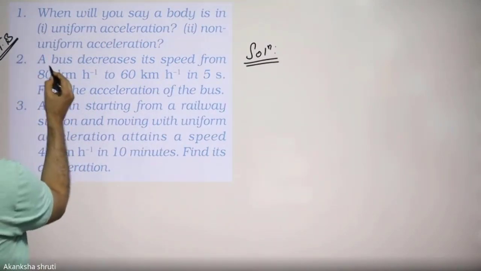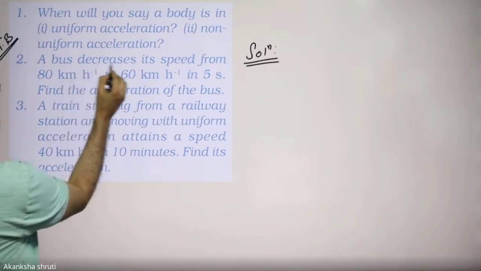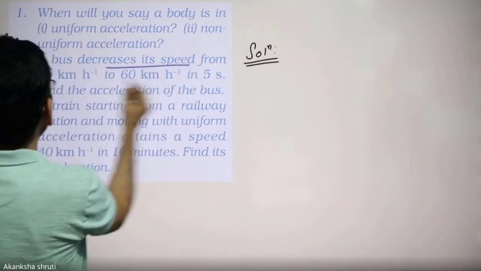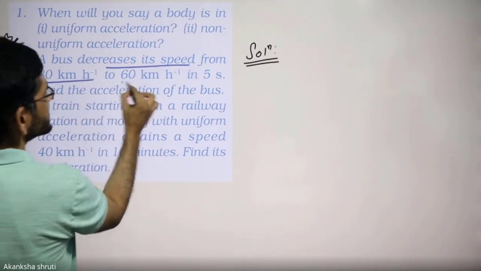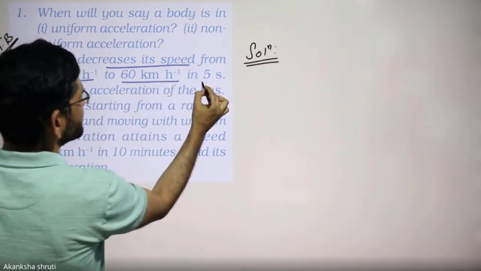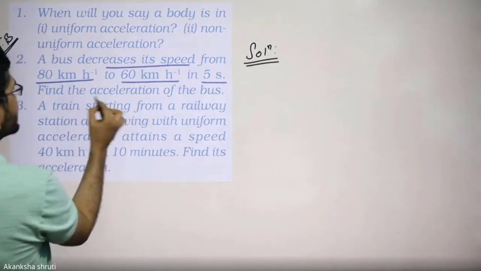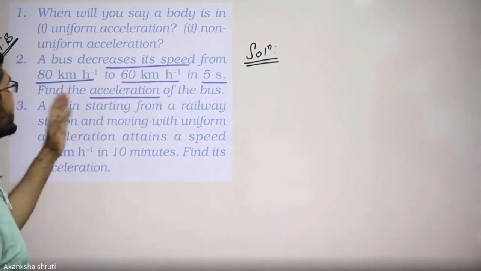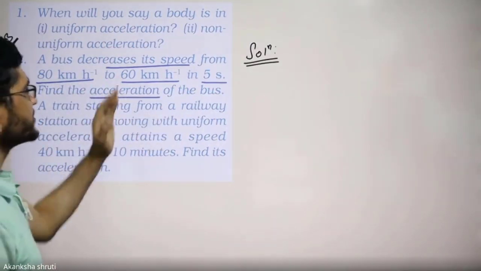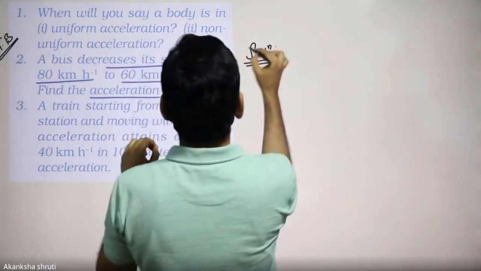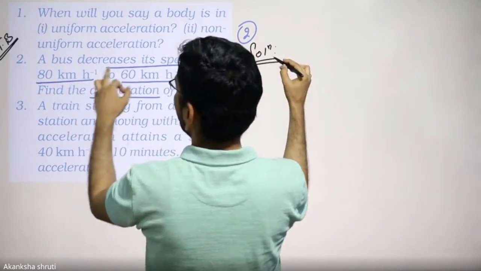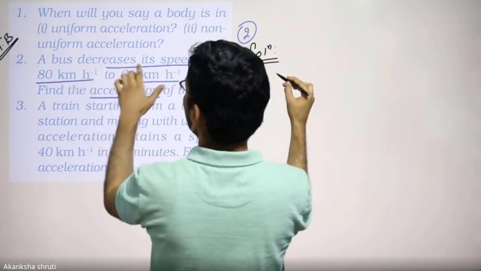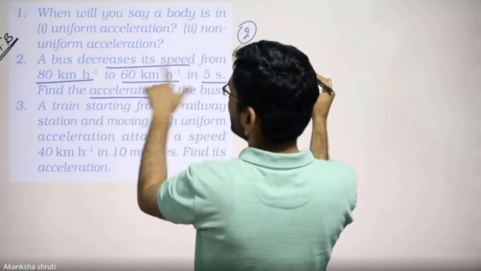In the question number 2, a body decreases its speed from 80 km per hour to 60 km per hour in 5 seconds. Find the acceleration. So whatever the given data, you have to write it carefully. So for the question number 2, the data given, the body or the bus has two kinds of speed.